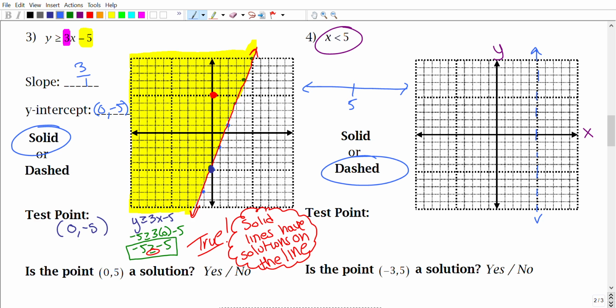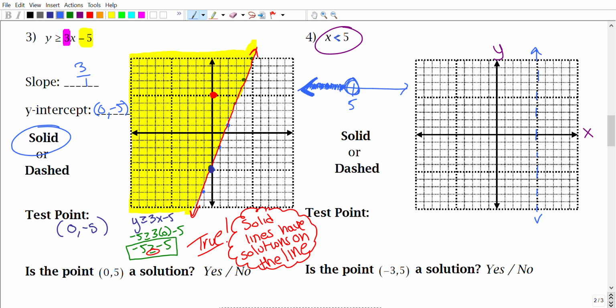If you have an open circle, which means we're just going to have a dashed line, which way would you have shaded if you had just a number line? Well, if you think of this as like an arrow, it's pointing to the left, meaning you have to shade to the left.